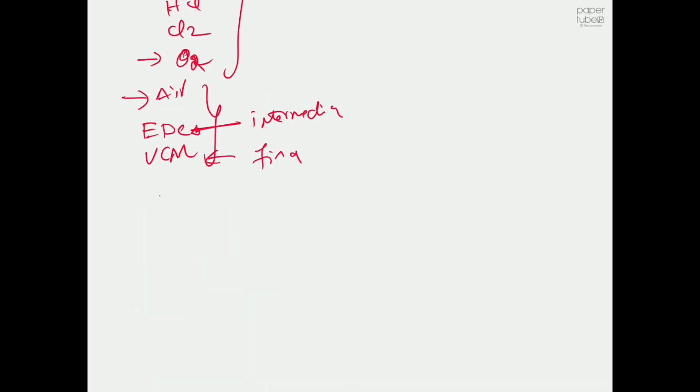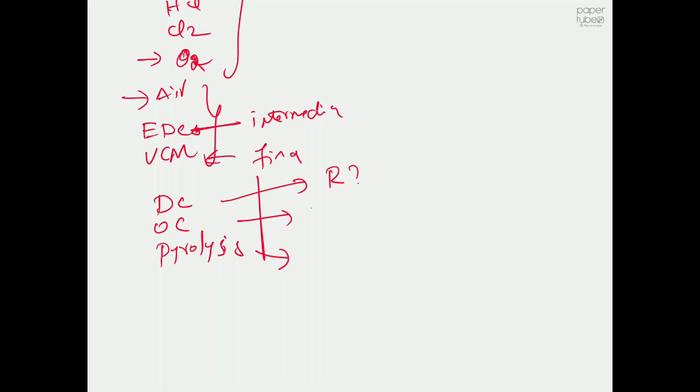And then write down the stoichiometric equations for the three reactions: direct chlorination, oxychlorination, and pyrolysis. Take note of the enthalpy of reaction, and write down the rate expression for all three reactions, and the kinetic constants involved in those rate expressions.